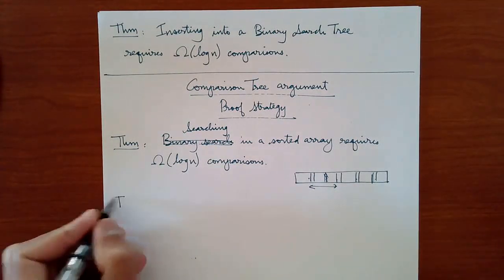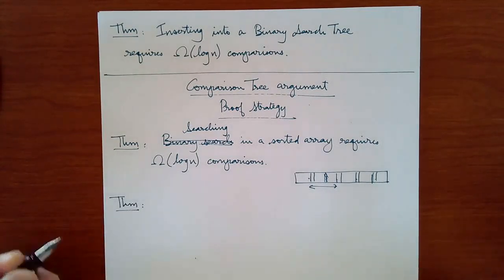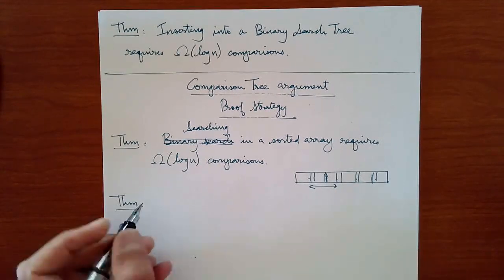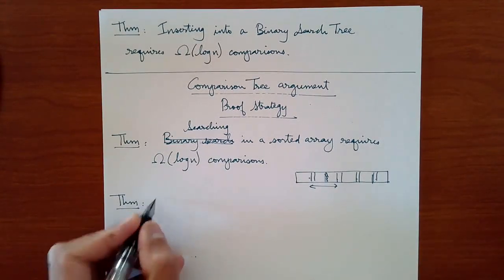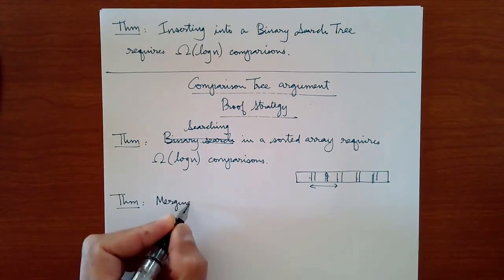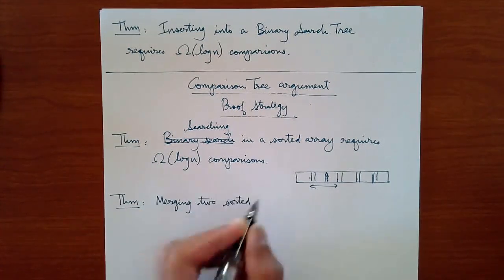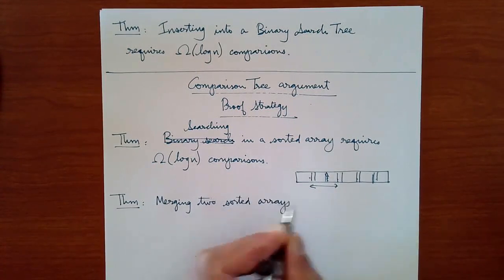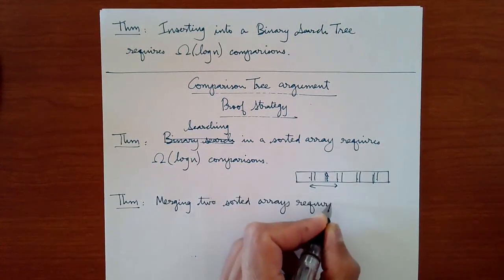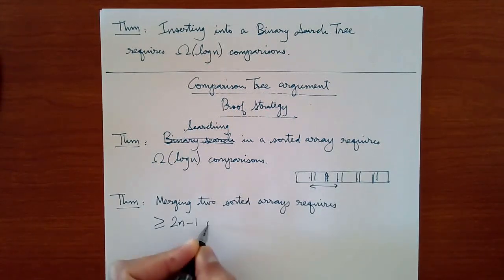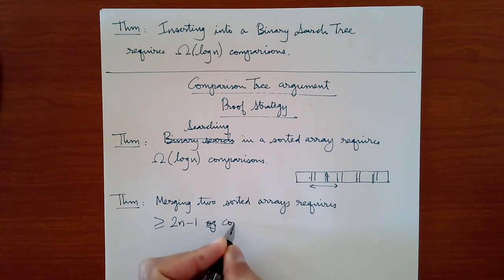One can even do something. In this case, it requires tracking the constants carefully with Stirling's approximation. But essentially, you can say merging two sorted arrays of length n requires at least 2n-1 comparisons.